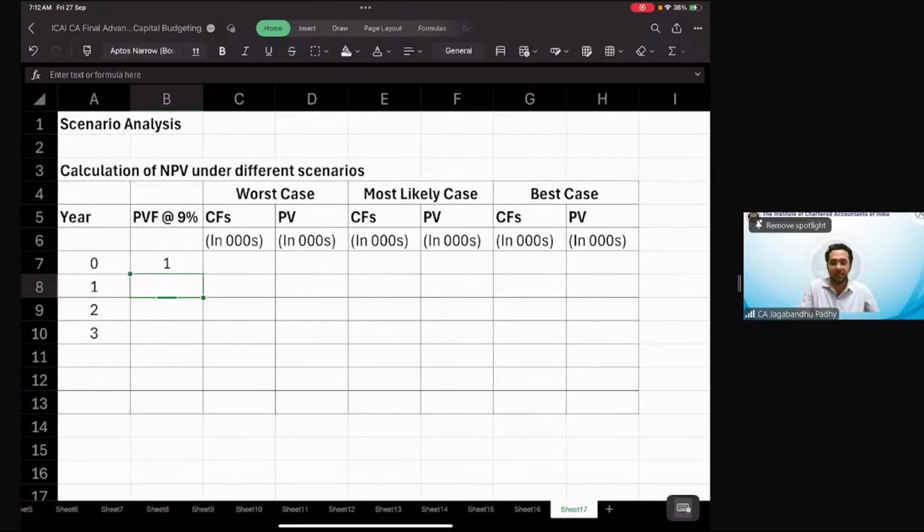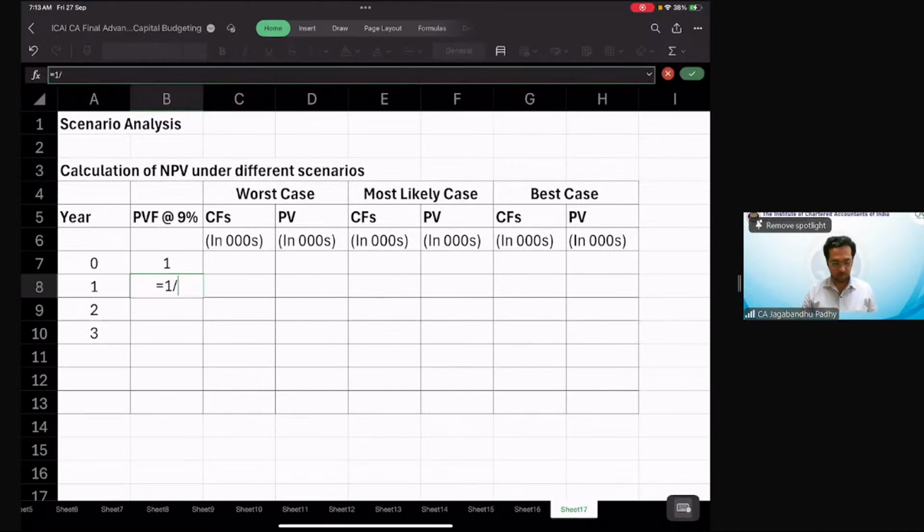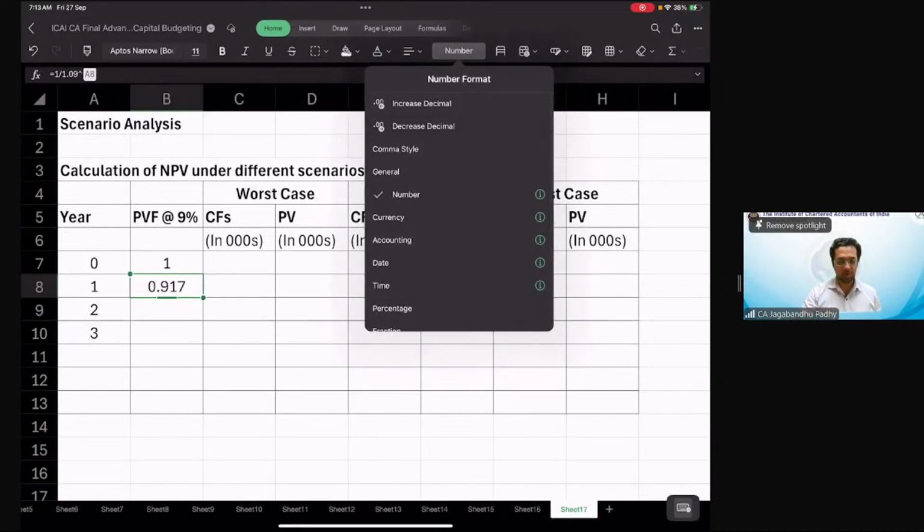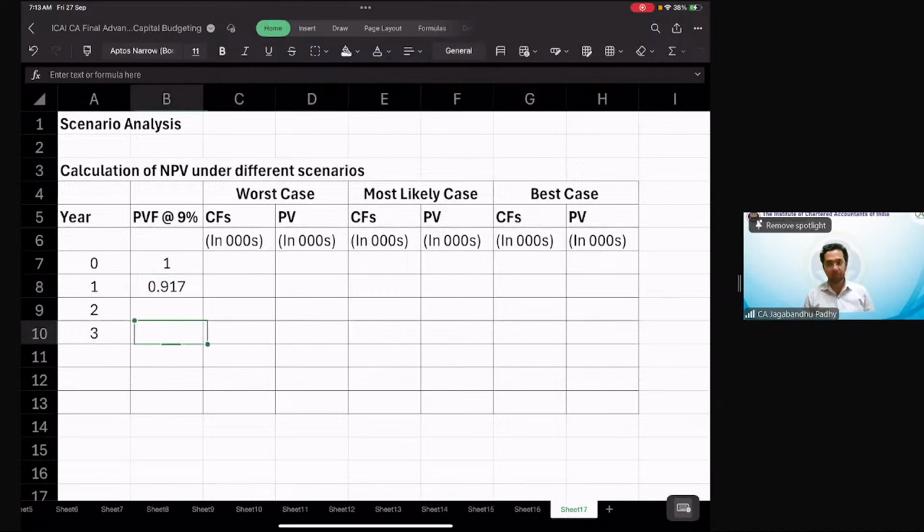It is 1 divided by 1.09 to the power of 1. Yeah, so that's 0.917. Then what about the second year and the third year? Just check if this is 0.842 and 0.772. Correct, guys?